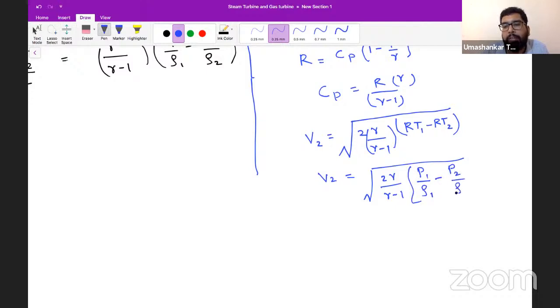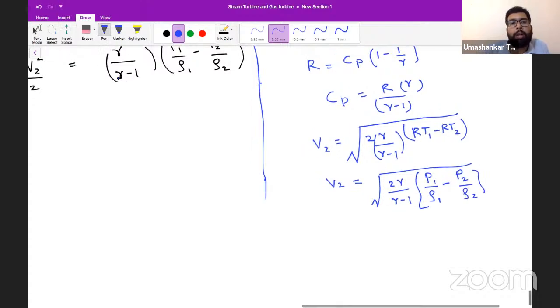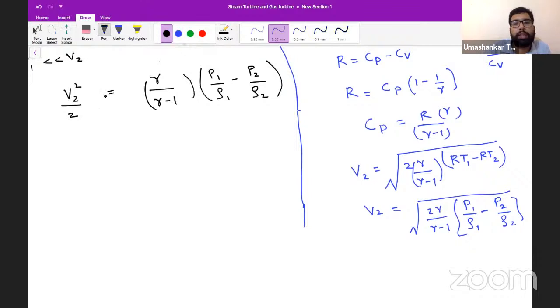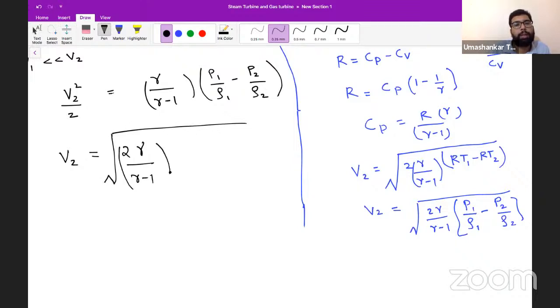From the ideal gas equation, we can say P by rho is equal to RT. So here also you can see we have developed the same relation by using the Bernoulli equation for isentropic flow.